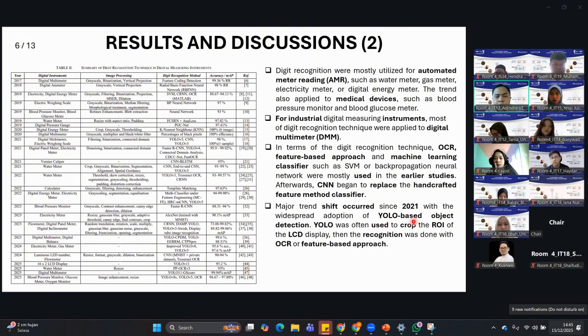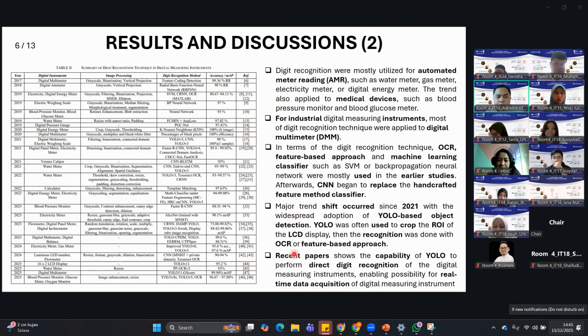YOLO is often used to crop the region of interest of the LCD, and then recognition is done with OCR or a feature-based approach. However, recent papers show the capability of YOLO to perform direct digit recognition of digital measuring instruments. Thus, it enables the possibility of real-time data acquisition from digital measuring instruments.